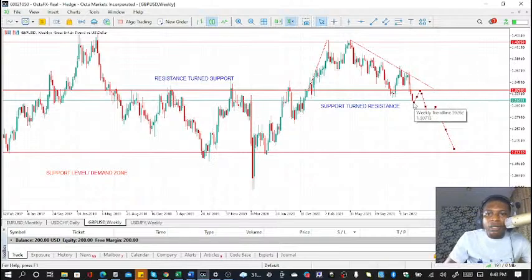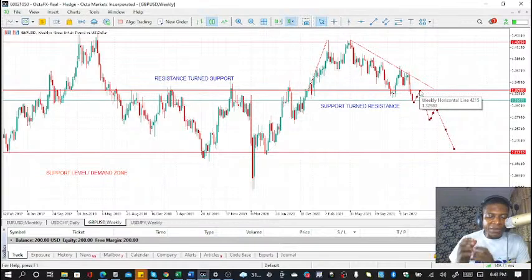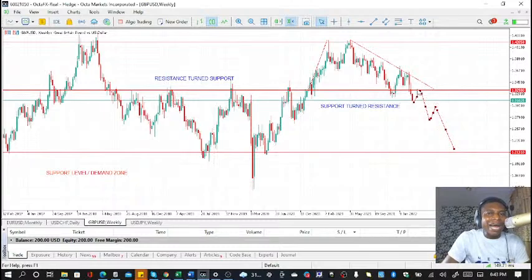So price would come to this level to test the previous resistance level, the previous support turned resistance level, to check if it is strong, or if it can still resist. Resisting it would show that there are more sellers at this level. If there is a breakout, it indicates that there are more buyers at this level.